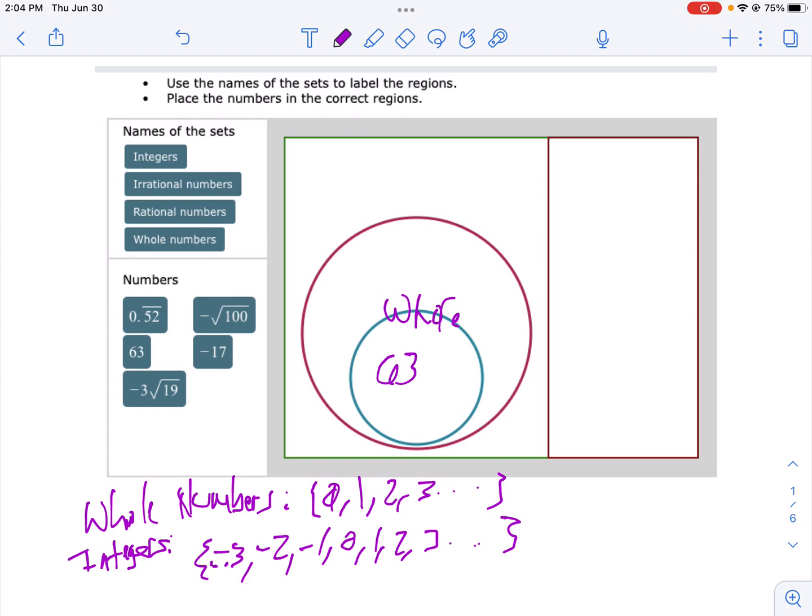So after whole numbers, the next most restrictive is integers. So which one of these are integers? Well, the square root of 100 negative, that's negative 10. So that's an integer. Okay, negative 17 is an integer. 63 is an integer, but it's also a whole number, so we'll just leave it there.